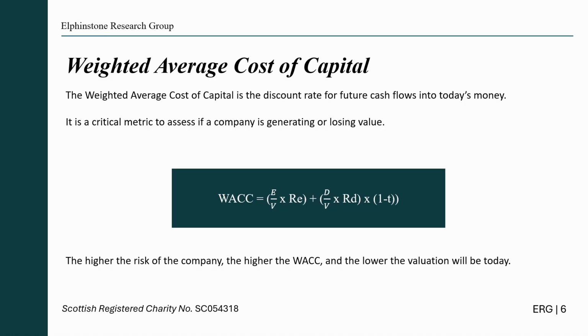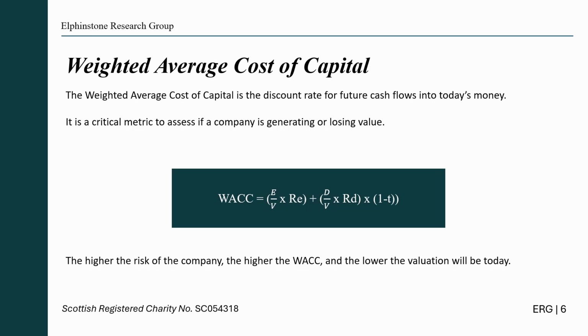So the previous fraction was the percentage of capital that is equity, and this one is now the percentage of capital that is debt. And we multiply that by the cost of debt, which is RD. And then we multiply that bracket by the tax shield, which is 1 minus the tax rate.